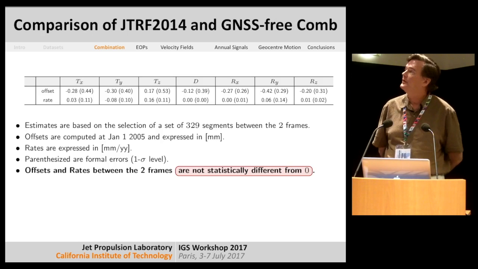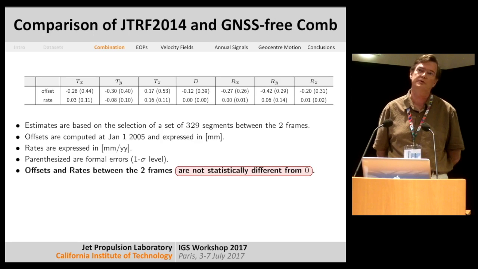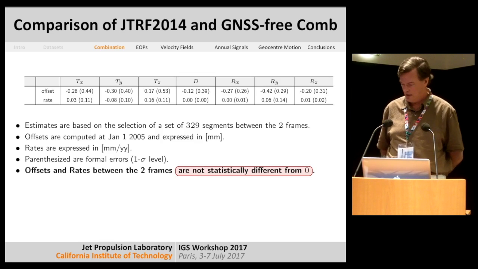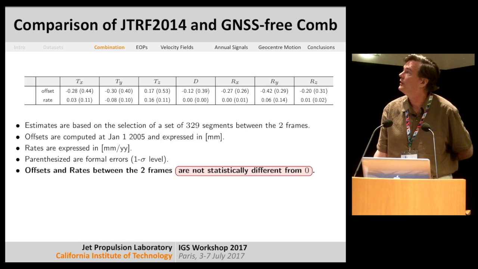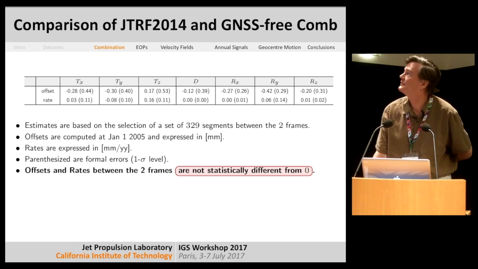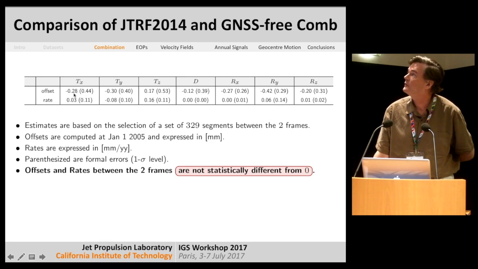Okay, so this is where we compare the Helmert transformation parameters between the no GNSS version of JTRF 2014 and JTRF 2014 itself. And what we see is that the transformation parameters are really less than the error in their determination, particularly except for RY, the Y component of the rotation.